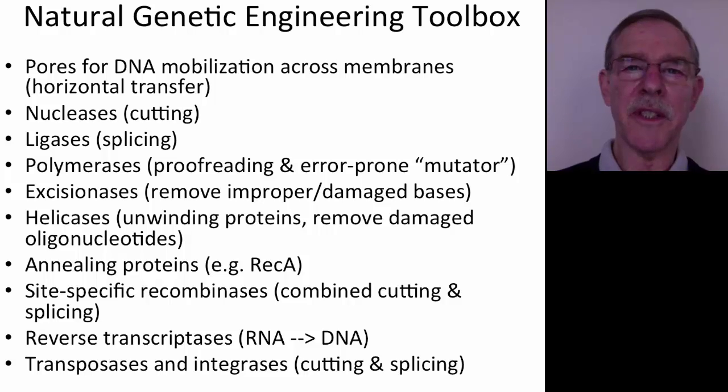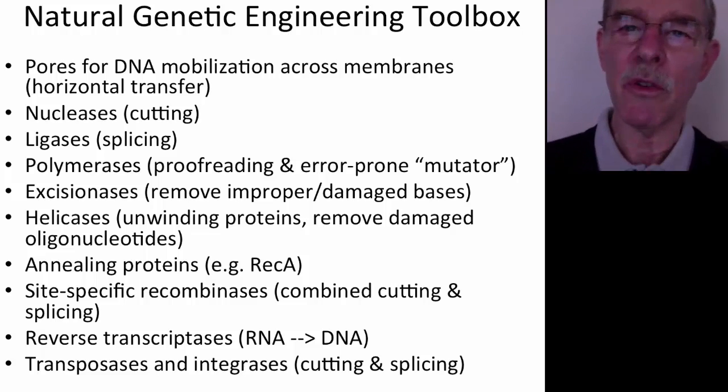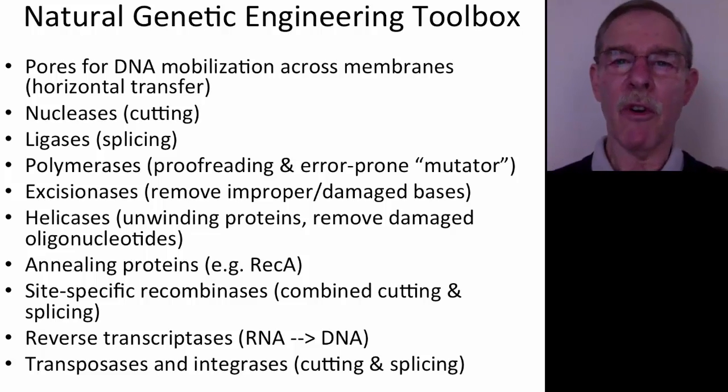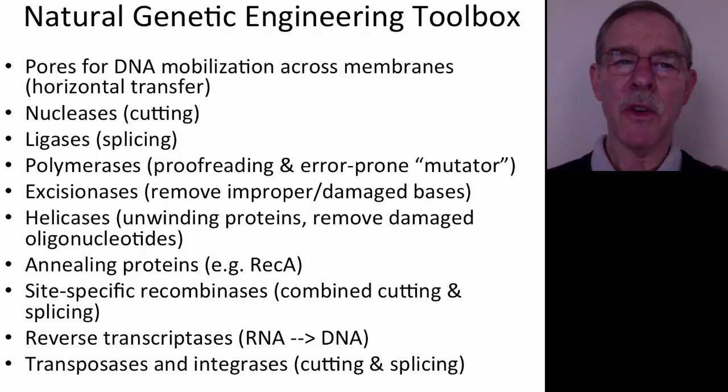And living cells possess a variety of biochemical tools for altering their genomes. I call this the natural genetic engineering toolbox. So as we've seen, they contain pores for DNA mobilization across the membranes of the cell. They can take up DNA or transfer it from cell to cell, so this is important for horizontal transfer.